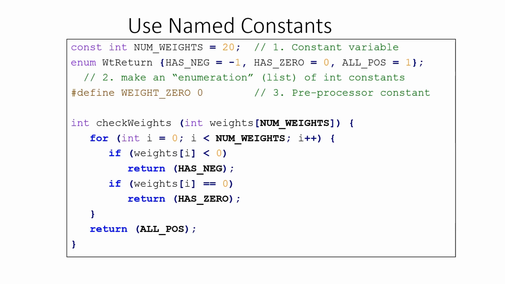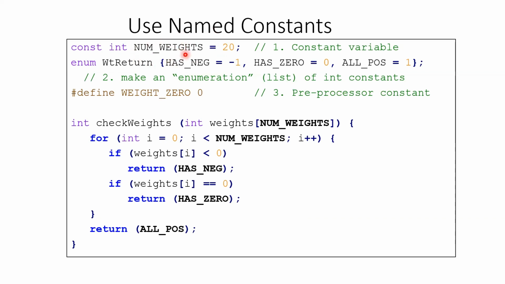So this is what we recommend you to do. We have 3 ways of defining constants. We can use a constant variable like this. Constant variables are computed at runtime.